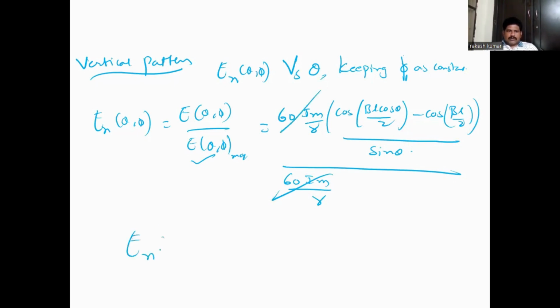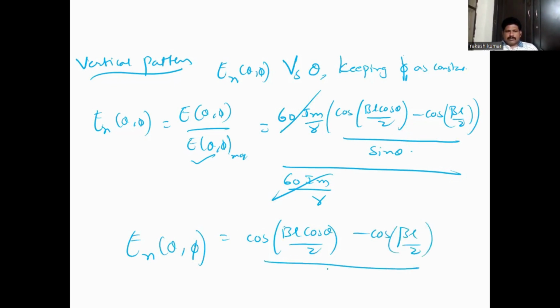So finally, what is the expression? En of theta comma phi is equal to cos(theta L cos theta by 2) minus cos(theta L by 2), by sin theta. This is the expression.